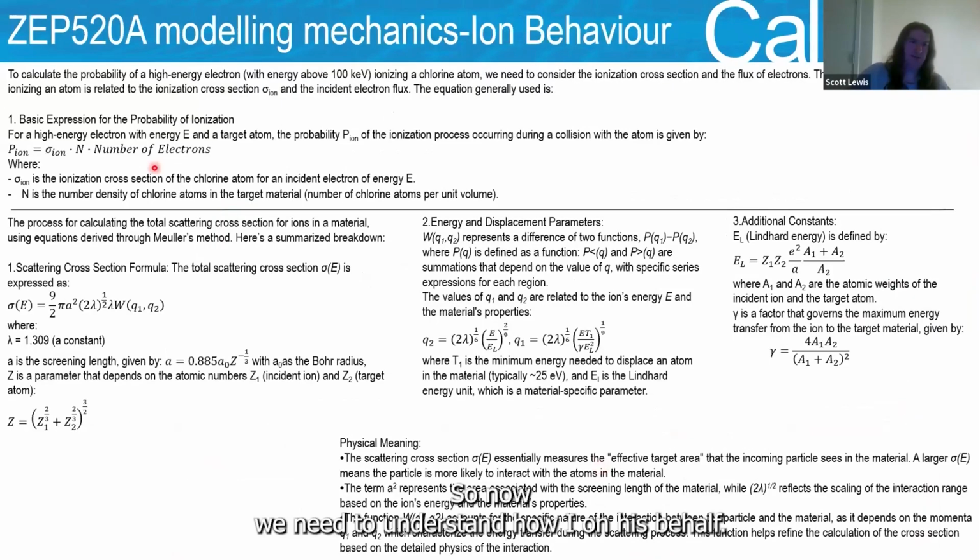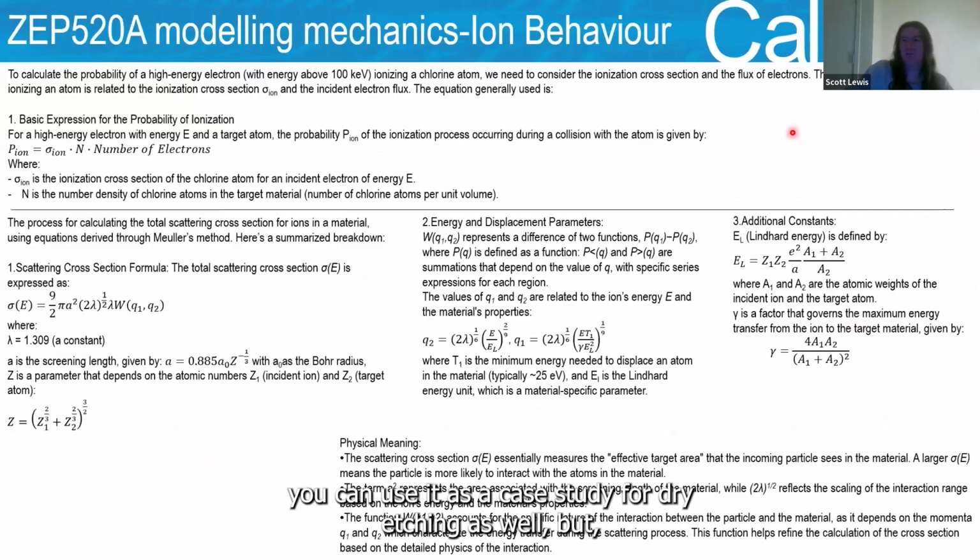Okay, so now we need to understand how ions behave. You can use this as a case study for dry etching as well. But essentially we need to understand the probability of causing an ionization.